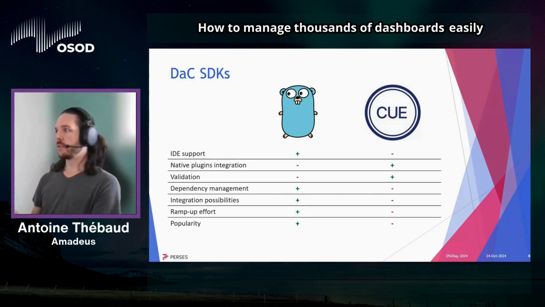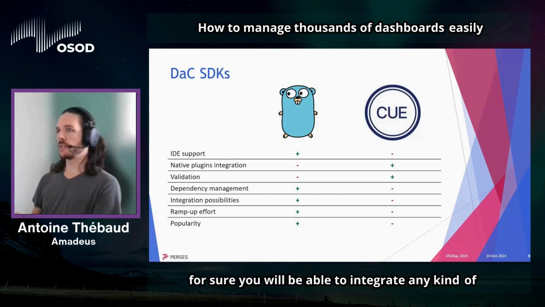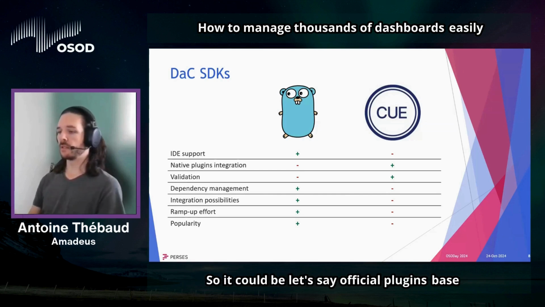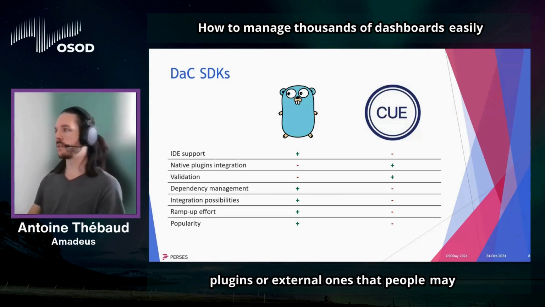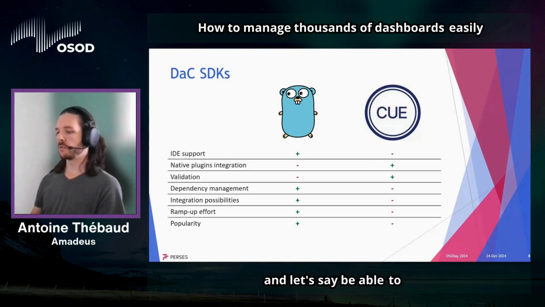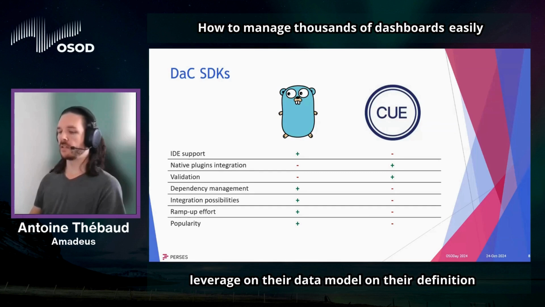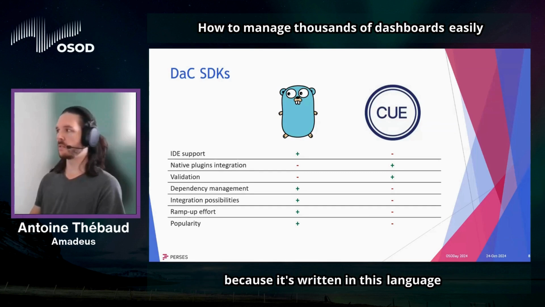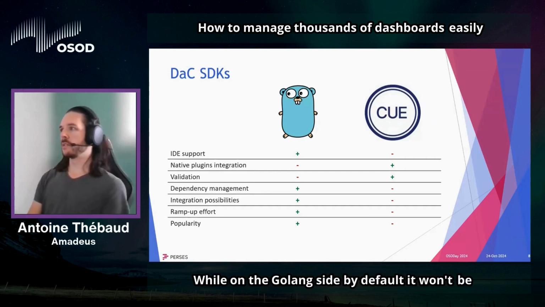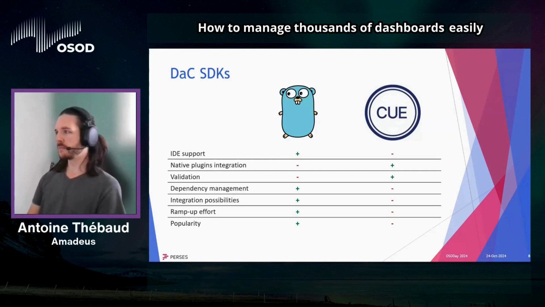So when doing dashboard as code, you will be able to integrate any kind of plugins, whether official base plugins or external ones that people may provide in the future. You would be able to leverage their data model and their definition, because it's written in this language. On the Golang side, by default it won't be available.